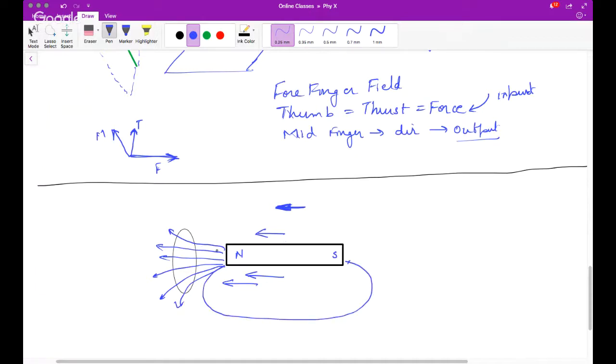Something of that sort. No, field lines will not intersect. I'm just drawing a rough diagram. So aren't B and F opposite? B and F. Where is B? B and F. Where is F?